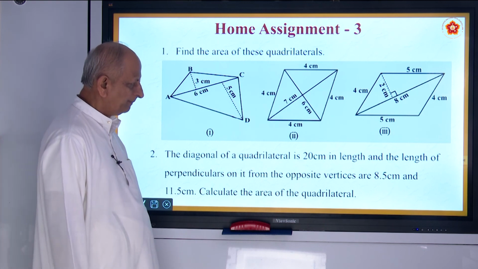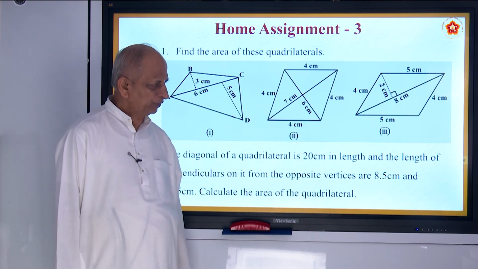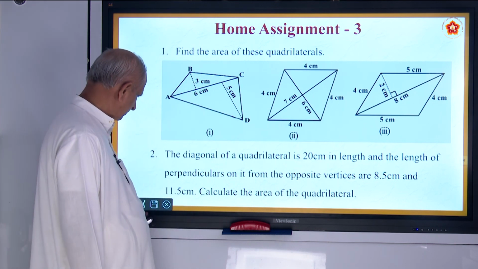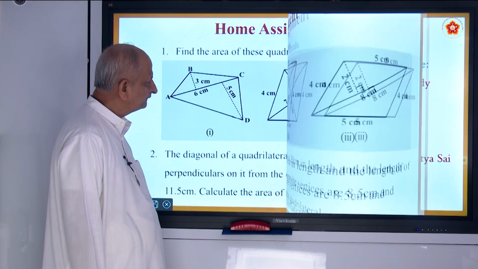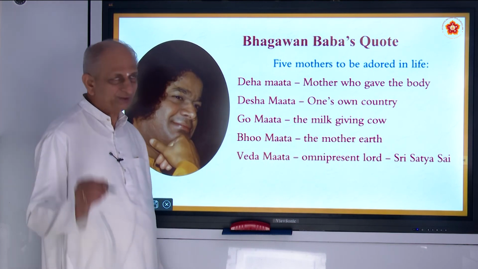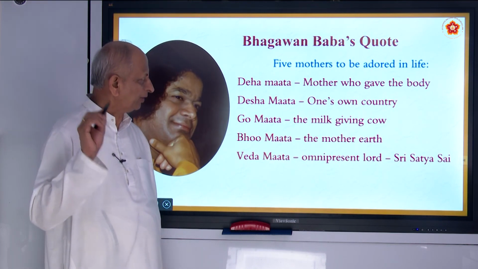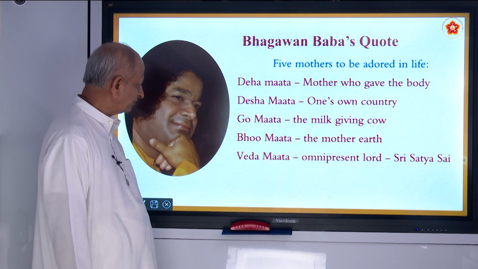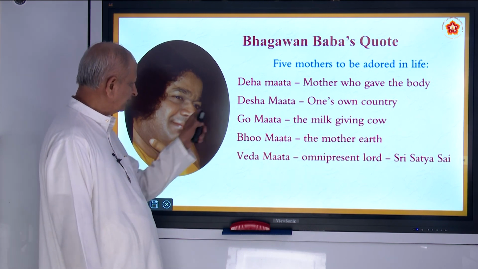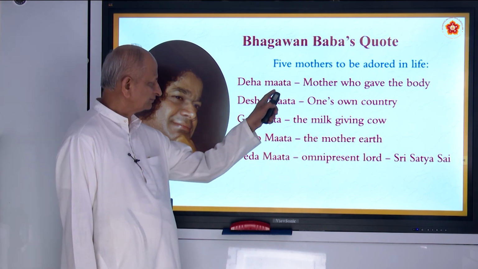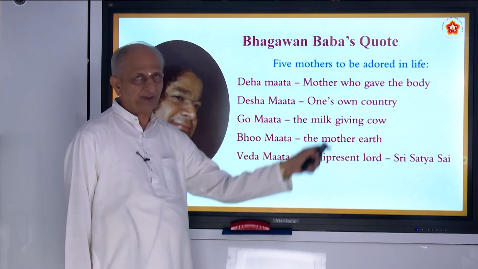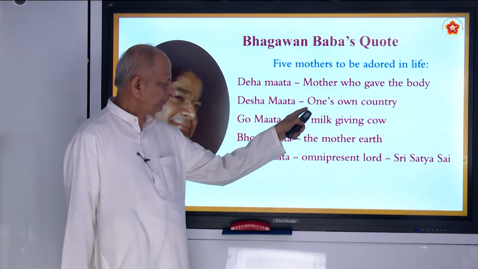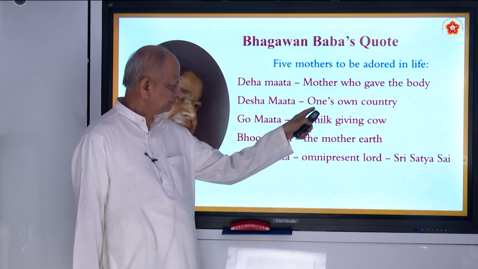Okay. Come prepared. Before you close, we will see what Bhagwan Baba says. So Bhagwan Baba Uvacha. 5 mothers should be adored in life. We have to give respect to 5 mothers. See, one is Deha Mata, the mother who gave the body. Desha Mata, the mother who gives that very living.